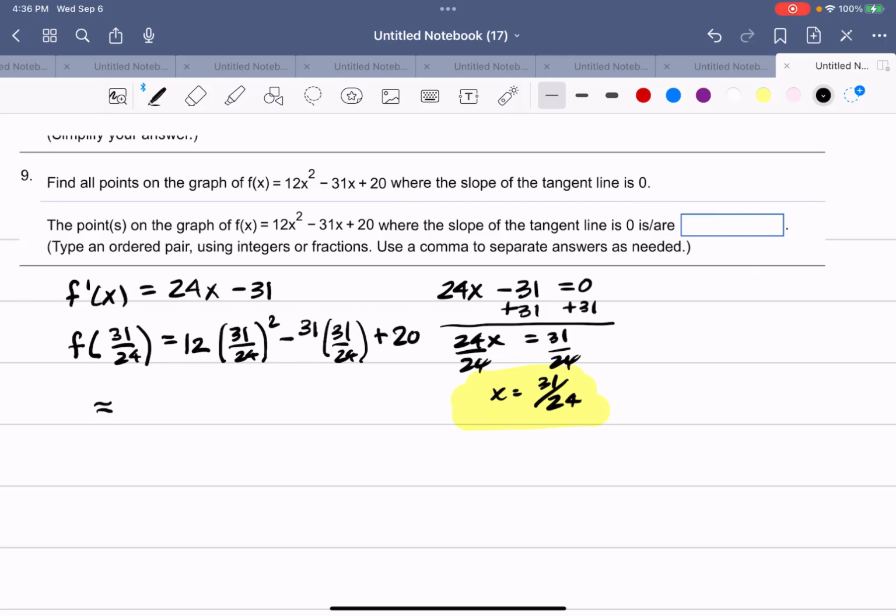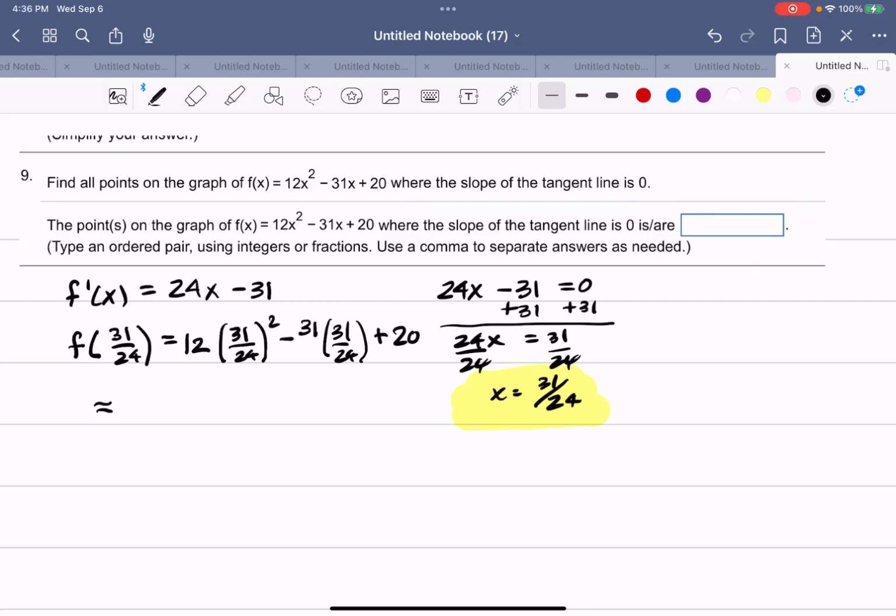Type in a 12, then a left parenthesis, 31, fraction key 24, close parenthesis, caret key or exponent key 2, minus 31, parenthesis, 31 over 24, close parenthesis, plus 20. And I used the fraction key when I did the 31 over 24.